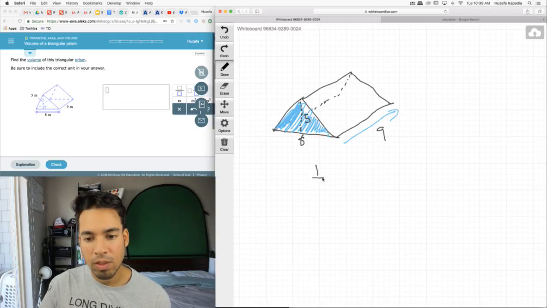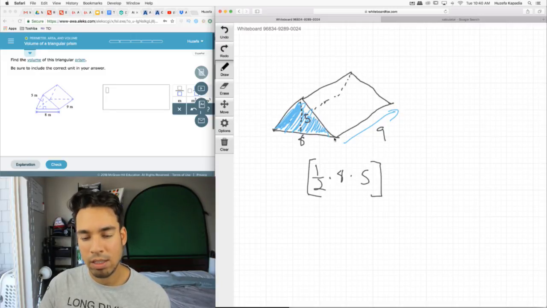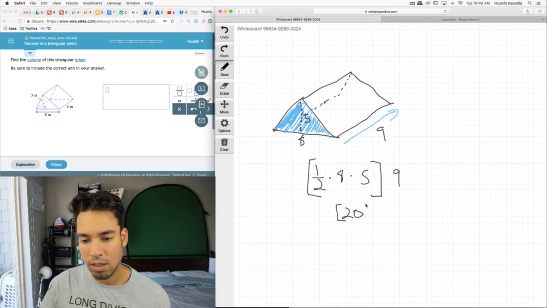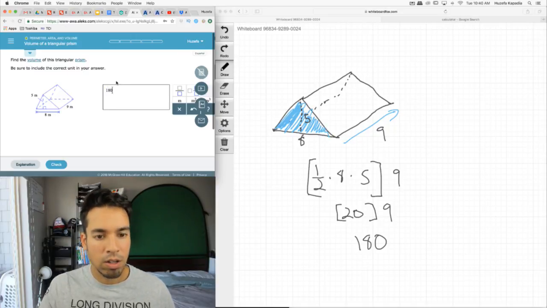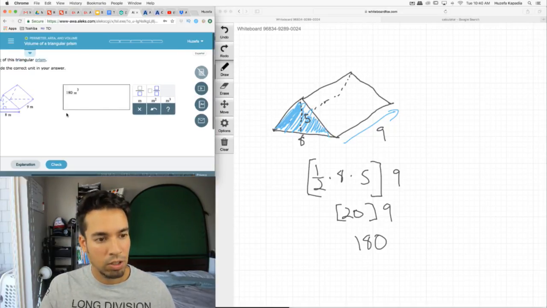So 1/2 base times height, and then that whole thing times this length, 9. So 1/2 times 8 is 4. 4 times 5 is 20. So 20 times 9, which is 180. And since it's volume, we're talking about cubic meters.